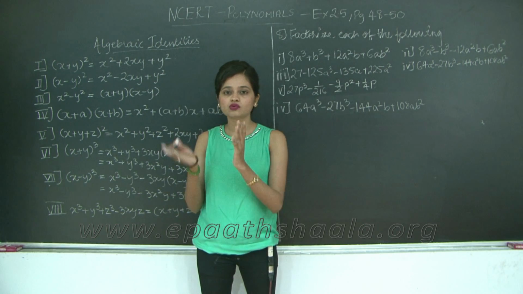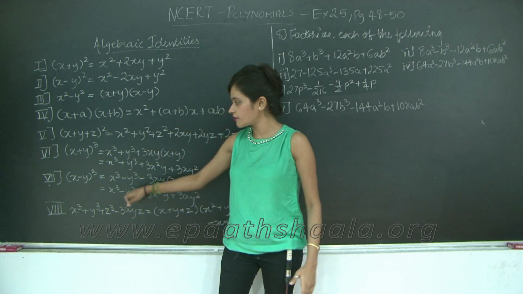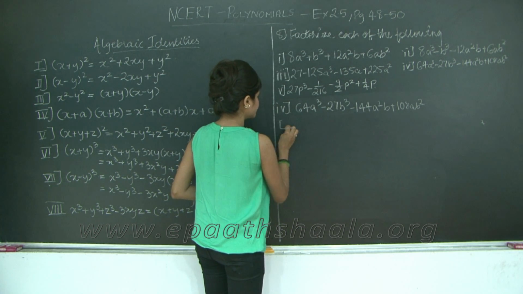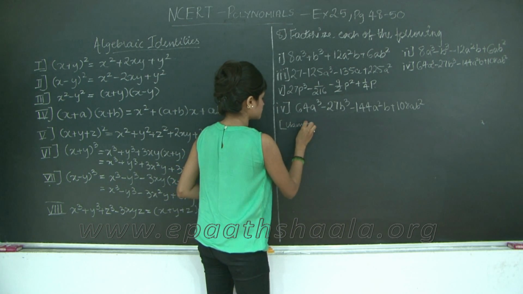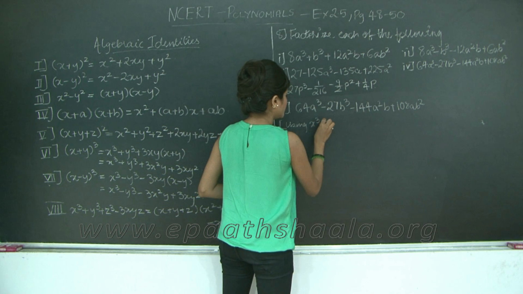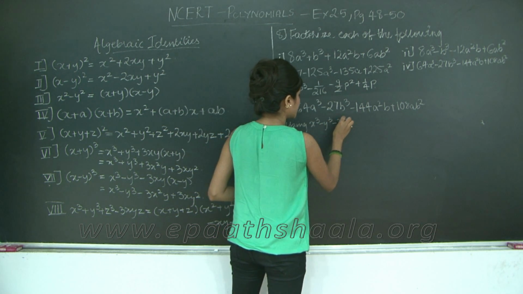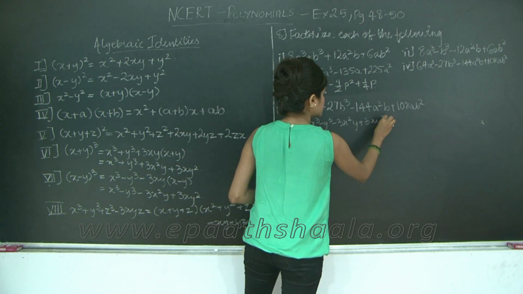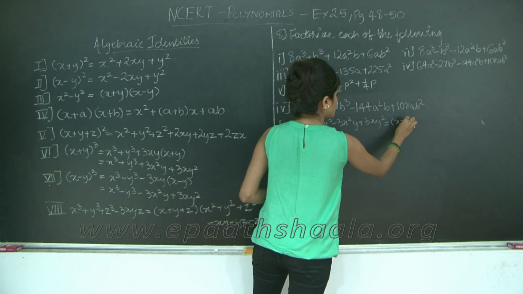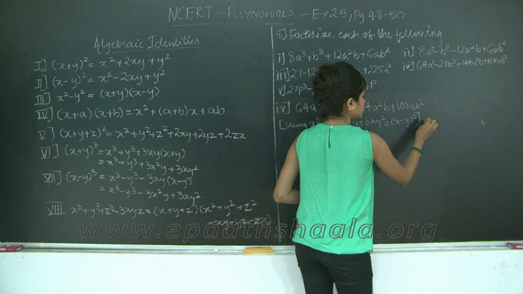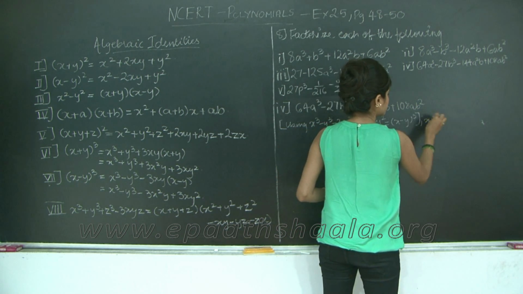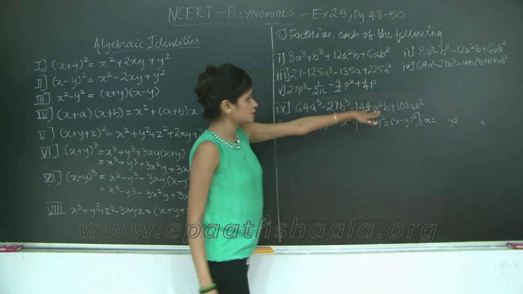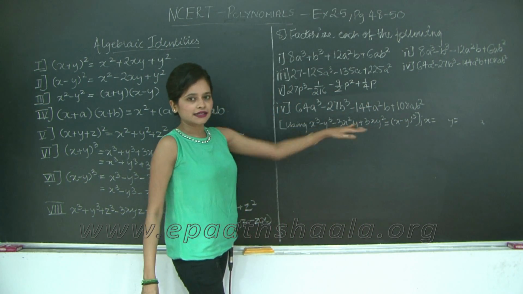So I am going to write it in a swapping manner, wherein I write this format first and this format later, right? So using x cube minus y cube minus 3x square y plus 3xy square is equal to x minus y the whole cube, right? So x is equal to and y is equal to. We will find these values of x and y and then substitute in this identity, right?